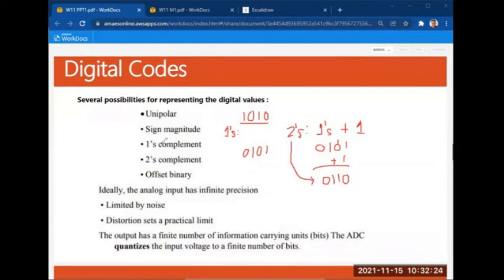Again, ones complement, twos complement, and offset binary are usually step ones of a bigger process, which will be discussed in the succeeding meetings. So let's stop with this for now. The offset binary, however, goes like this. When we represent a number, for example, we have a decimal number 7.